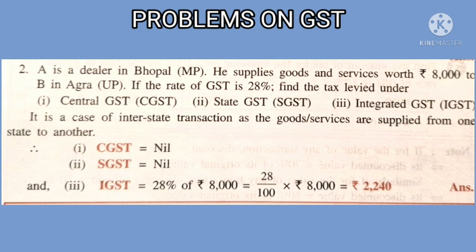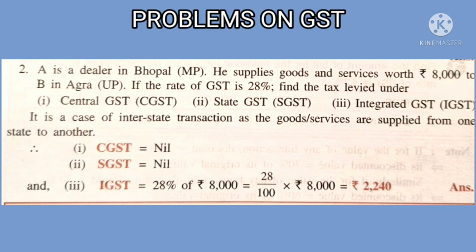Okay. Now problem 2: A is a dealer in Bhopal. He supplies goods and services worth rupees 8,000 to B in Agra, UP. If the rate of GST is 28%, find the tax levied under each head. Okay, here Bhopal and UP are two different states. So it is a case of interstate transaction.